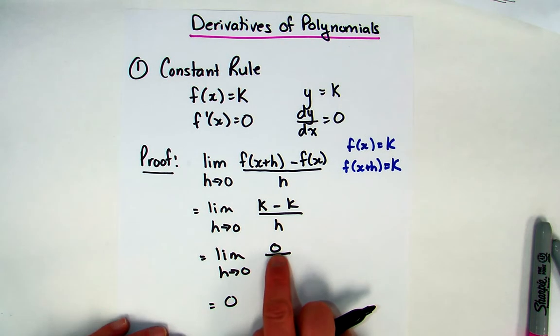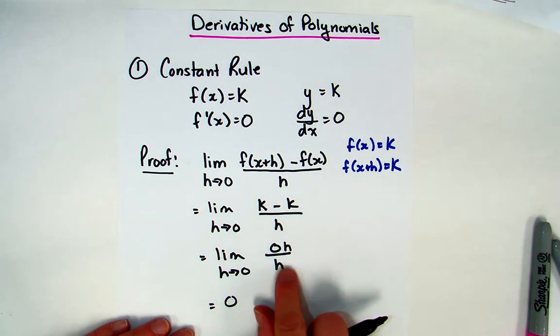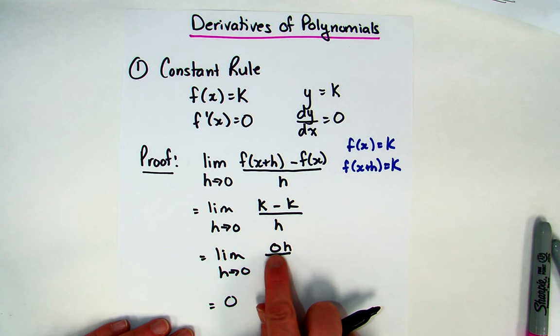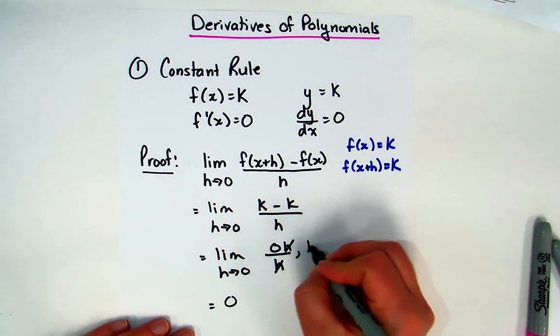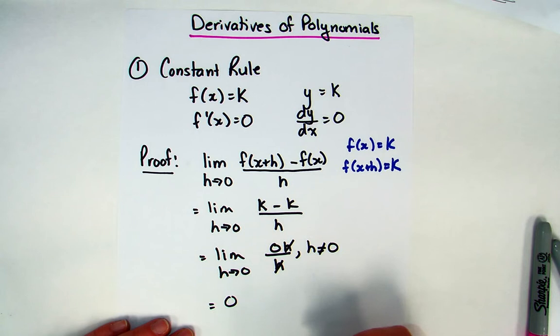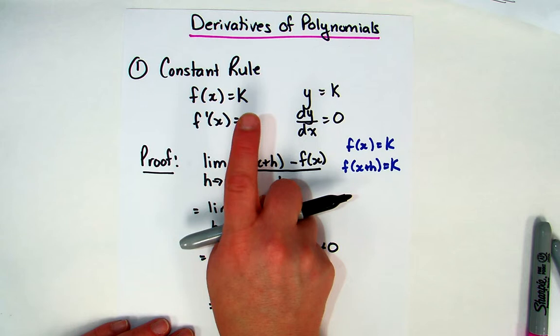But I can adapt this top a little bit to make it work the way I want to. The top is 0. I can multiply 0 by anything and it remains 0. So I can write the top as 0h because that's still the same. Now I can cancel my h's as long as h isn't equal to 0, and I'm left with 0. So that proves that the derivative of a constant is always 0.